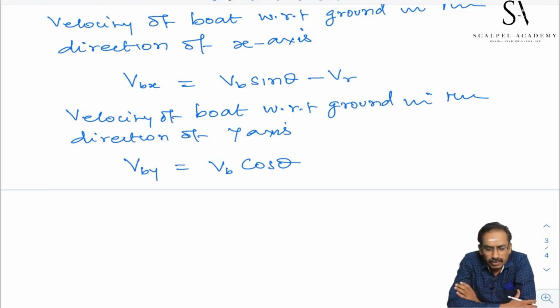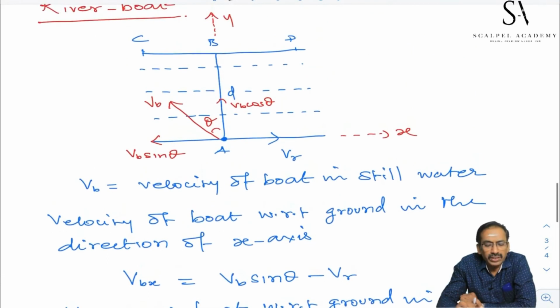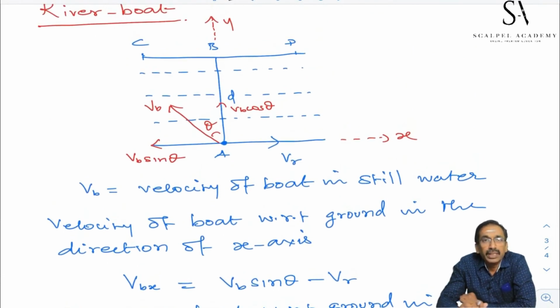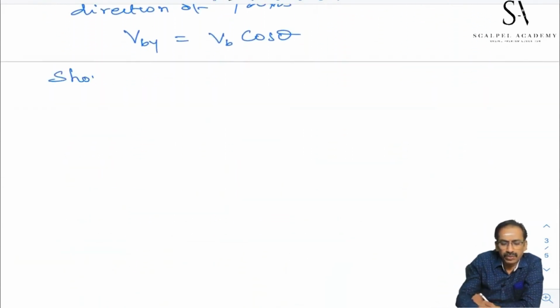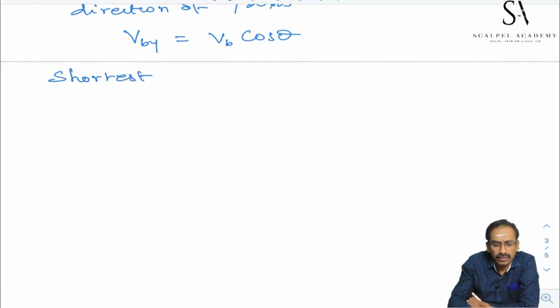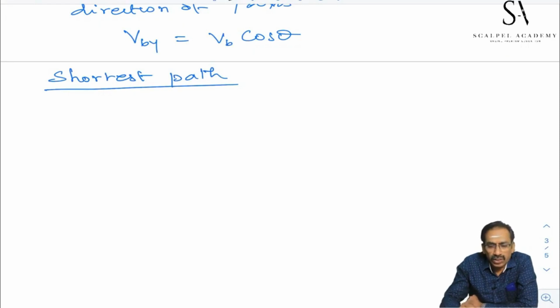This is the time to discuss shortest time and shortest distance. Suppose the boat is crossing the river in the shortest path. Shortest path is AB. Resultant direction is along AB, then the x component of velocity becomes 0. What is the shortest path?